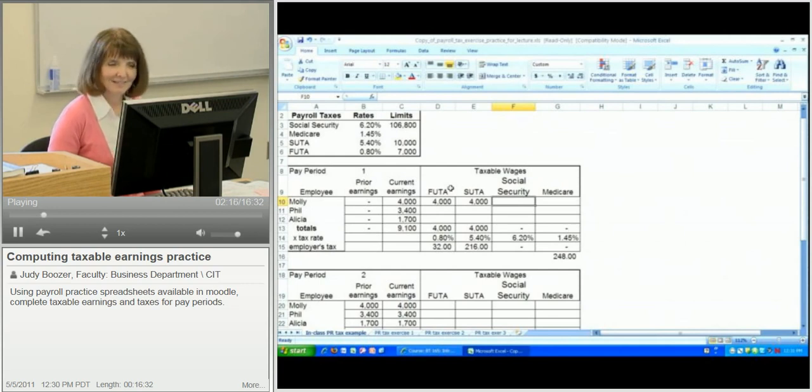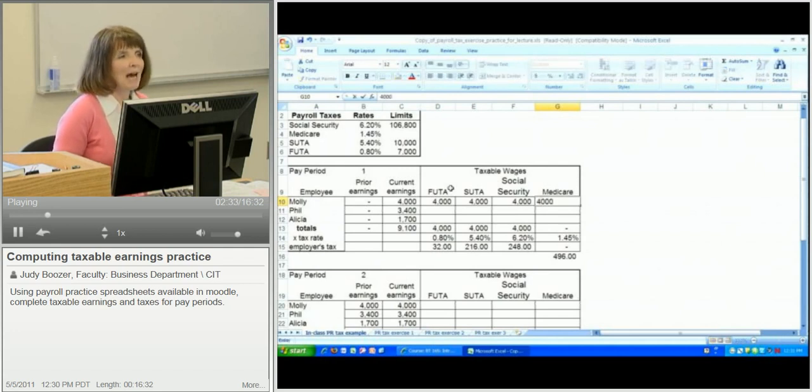All of it. And Medicare? One thing about Medicare we know is there's no limit, so the current payroll is always all taxable. So again, you're not putting the amount of the tax, you're putting the amount of the current earnings that are taxable.